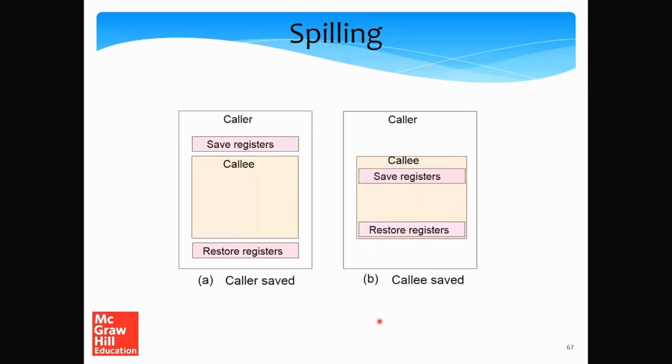So there are two schemes. They have their pluses and minuses. We will discuss a little bit of that, and most of this is actually there in the exercises at the back of the chapter. But students should think about when the caller saved scheme makes sense and when the callee saved scheme makes sense.